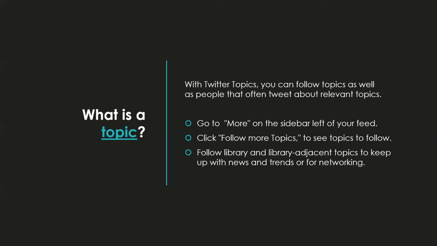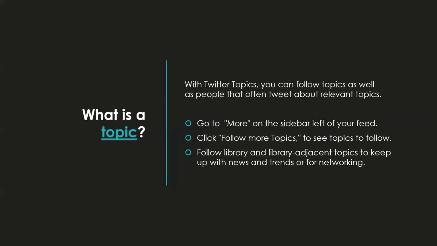You have a whole sidebar on the left of your Twitter feed. That's where I told you you'll go to Explore and create a moment. You'll hit More on the sidebar, and then click Follow More Topics to see any topics to follow. You can follow library or library-adjacent topics to keep up with news and for networking purposes.